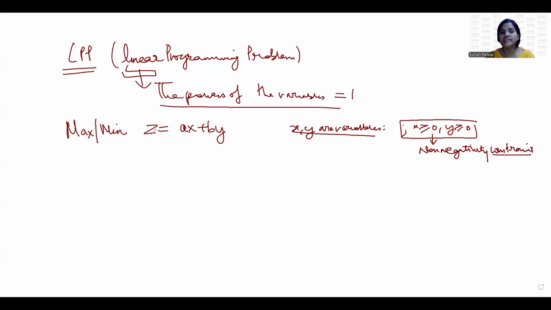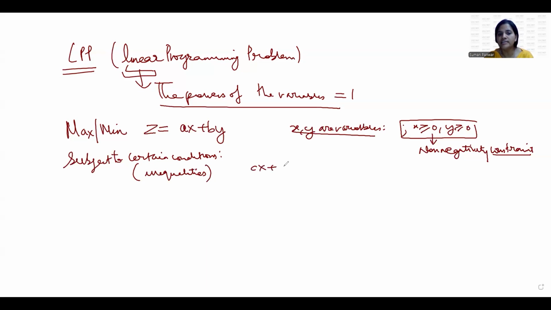So we will have to maximize or minimize z equals ax plus by subject to certain conditions. So what will the conditions be? The conditions will be inequalities. So what are the inequalities?